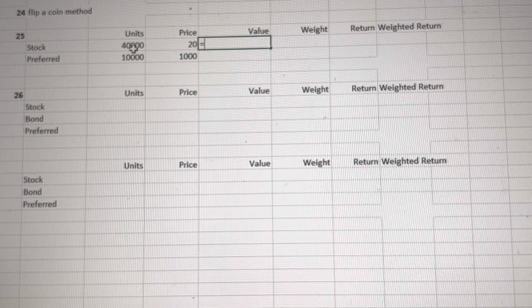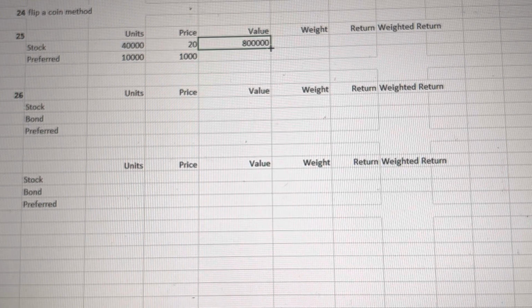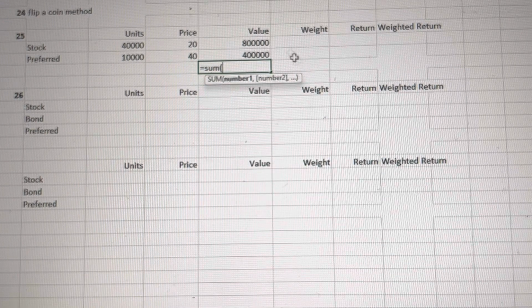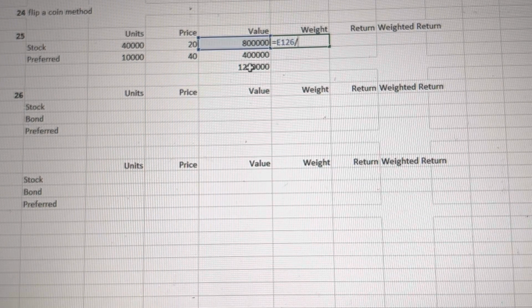The value is the units times the price, and we want to find the total value, which is 800,000 plus 400,000, for 1.2 million. The weight is the value divided by the total value.